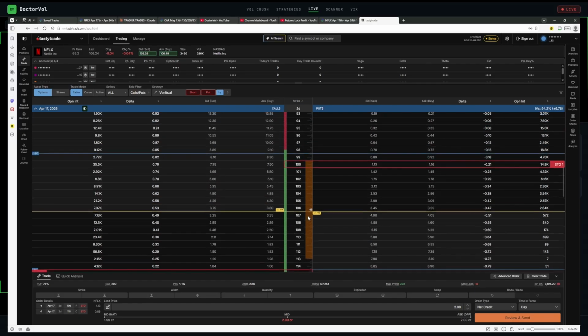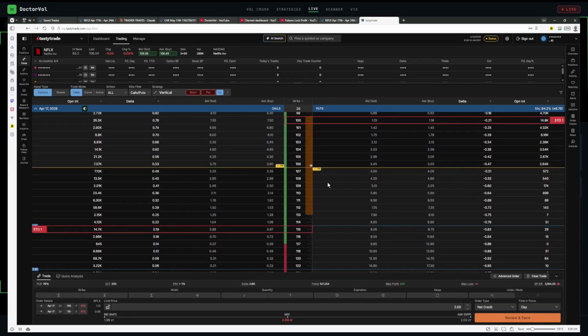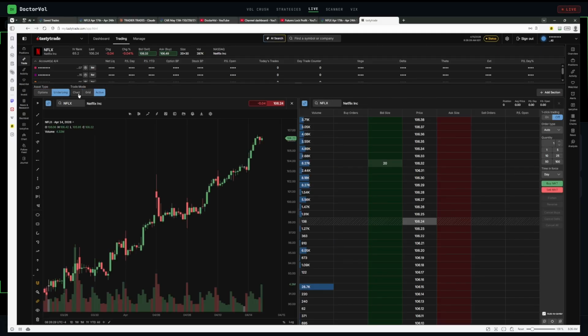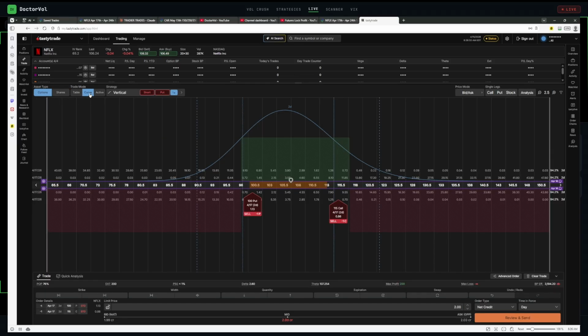So if we were to sell both of these, let's just look at our profitability curve, basically how it will look. What did I do here? Options curve. Okay, there we go. So there we go. That's our curve.